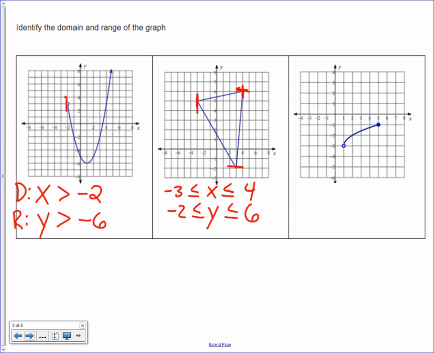For the last one, my domain is going to go between those 2 points, and my range is going to go between these two. So 1 is less than x, which is less than or equal to 5, open circle versus closed, and -1 is less than or equal to y, which is less than 3, again, open versus closed.